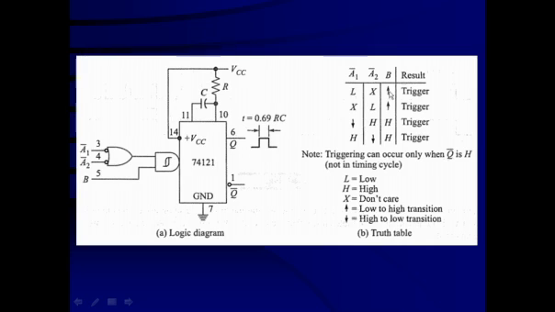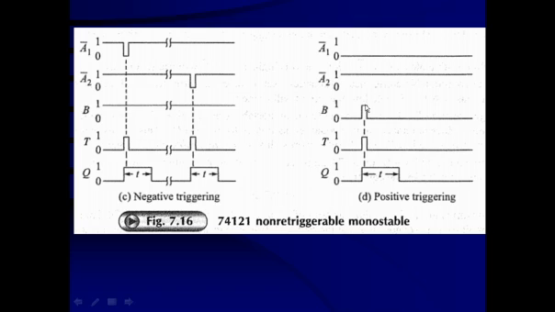If there is a positive transition at B, that will trigger the circuit. Or if A1 bar is low, A2 bar can be anything, and a positive transition at B will trigger the circuit. So there are four different ways you can trigger the circuit: either positive transition triggering or negative triggering.